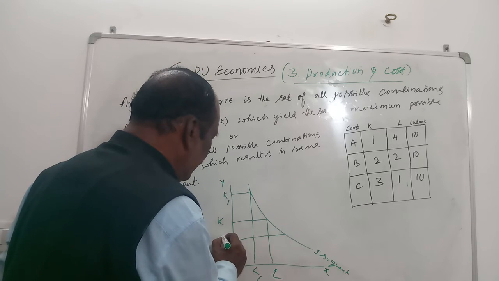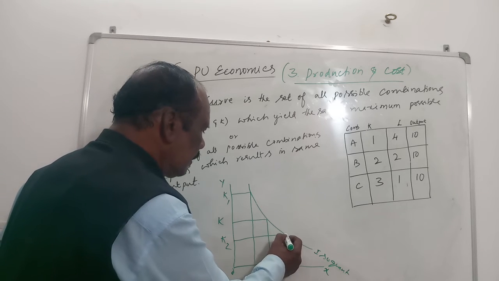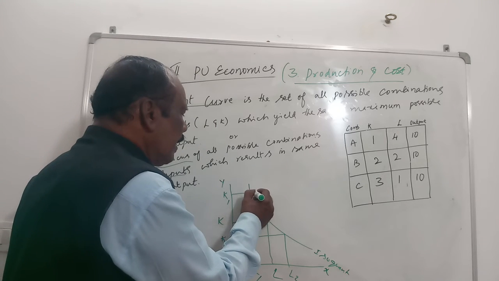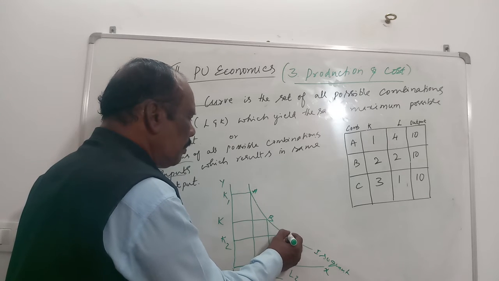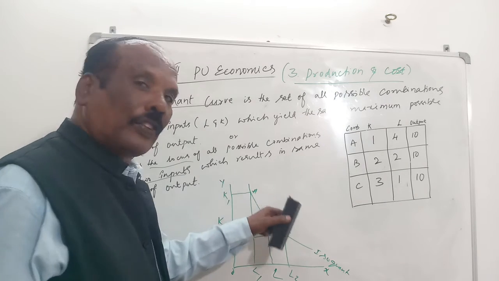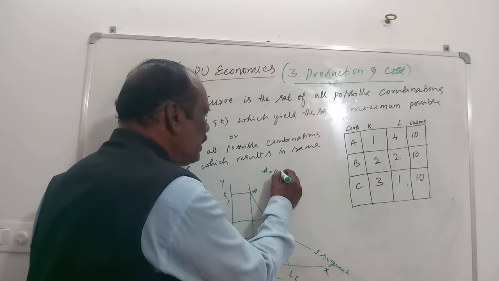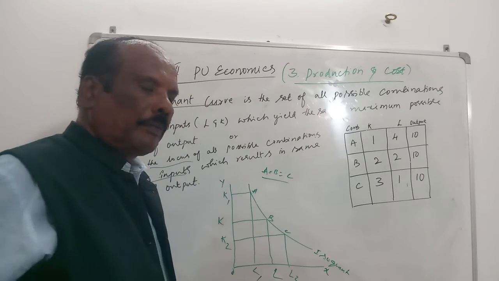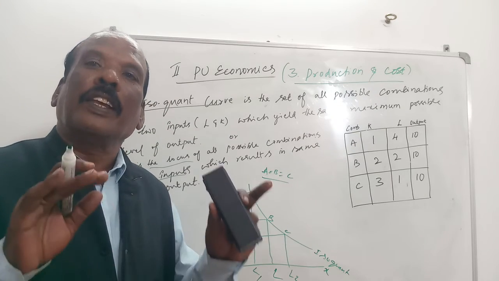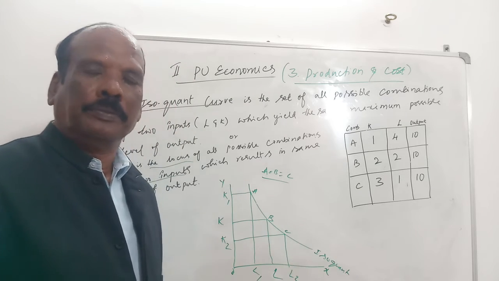When you decrease the use of capital, so here point A, point B, point C. All these combinations yield the same level of output. Here A combination is equal to B, B is equal to C. So combination A, combination B, combination C yield the same level of output, and this is called an isoquant curve.